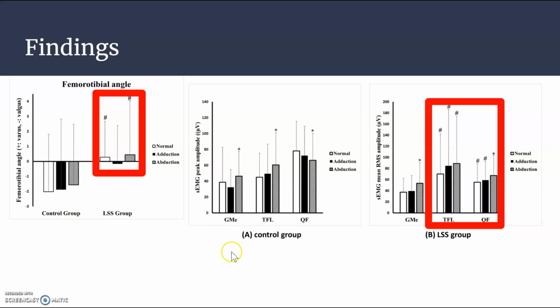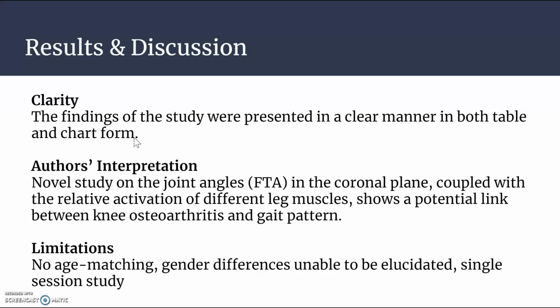And for this second figure, this red box with the hashtags shows that the tensor fasciae latae (TFL) muscle was significantly more activated in comparison to the control, and the quadriceps femoris was significantly less activated in comparison to the control. The hashtag symbols mean there's a significant difference between groups, so between the control and the LSS group, and the same idea here. Overall, the findings of the study were presented very clearly in both table and chart form in the paper.